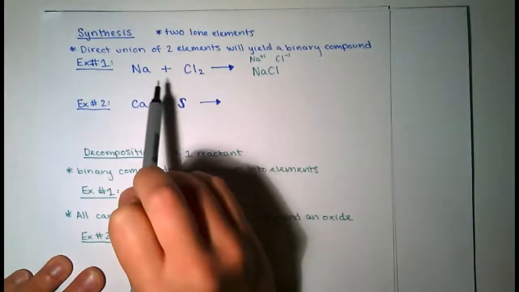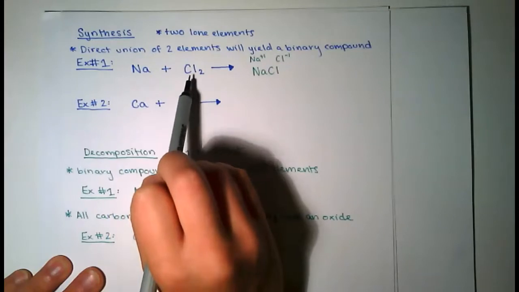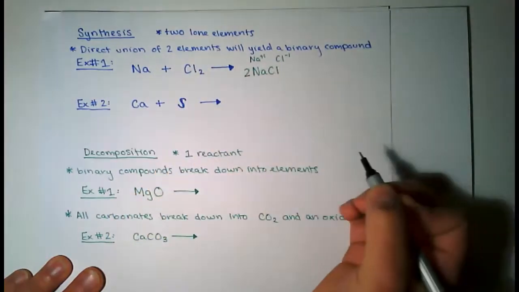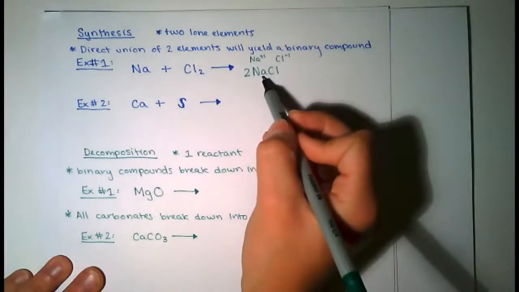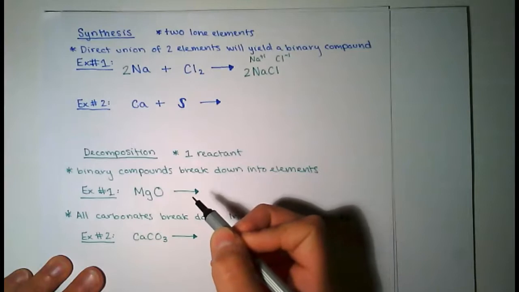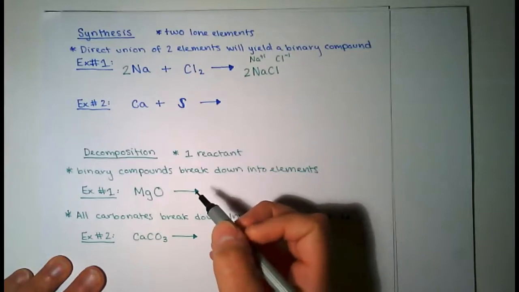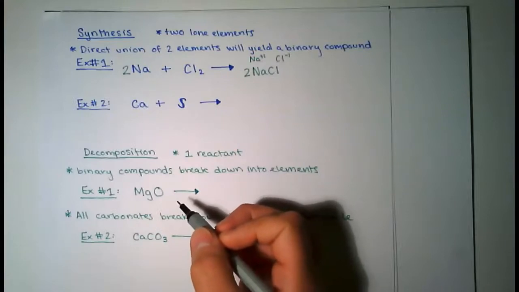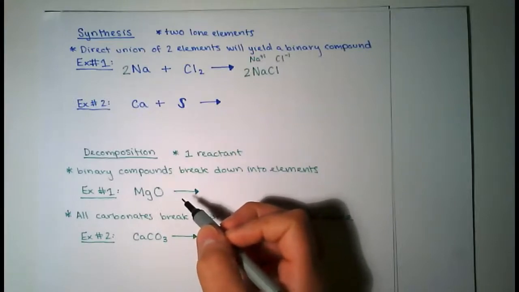And then if we wanted to balance our reaction, we see that there are two chlorines over here, so we need to put a 2 out in front over here, and then that makes 2 sodium, so we'd have to fix that with a coefficient in front of sodium. So redo your crisscross, and then at the end, go back and balance your reaction once you already have predicted your products.